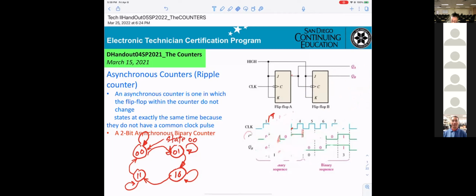And now, the other way, you can test the circuitry using binary. The first thing is you can see the output here will be 0, 0.